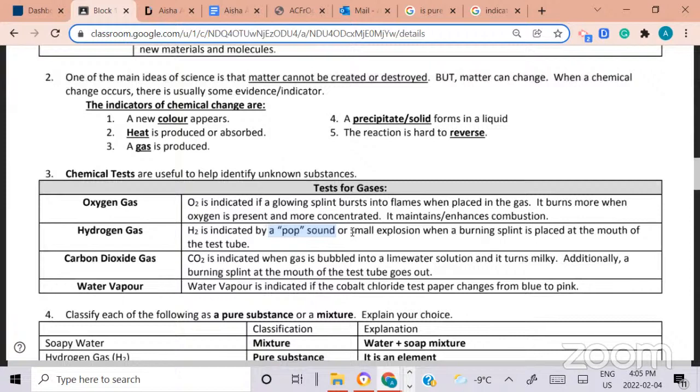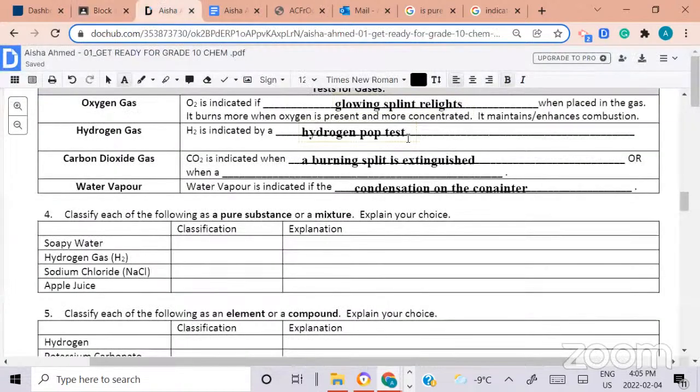Okay, so it's indicated by a pop sound or a small explosion when a burning splint is placed at the mouth of the test tube.